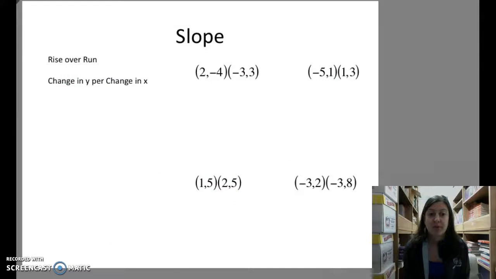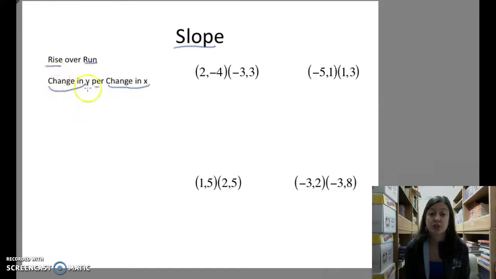Okay. So slope is basically the same thing as rate of change, except we talk about it when it's really just numbers, when you don't really have a label to it. So it's always called rise over run. It's your change in y per your change in x. So just like that last problem, the y variable would have been miles and the x variable would have been hours.